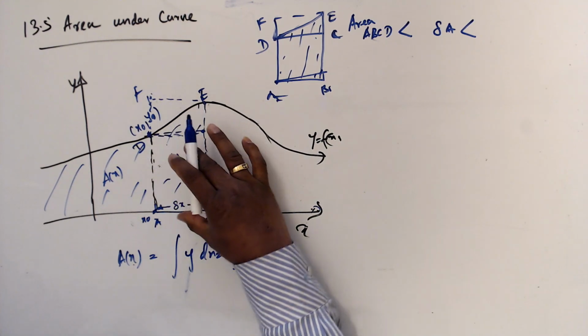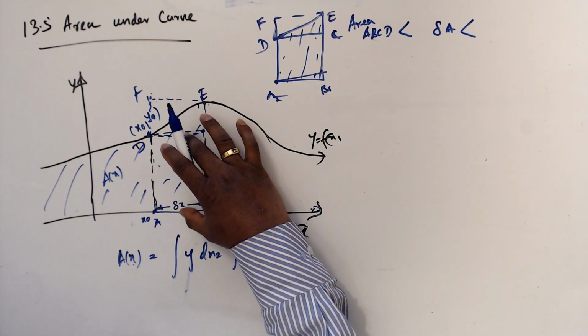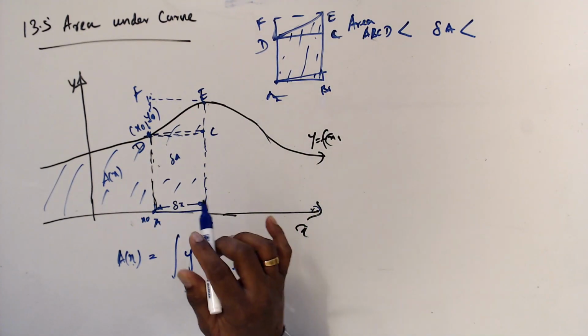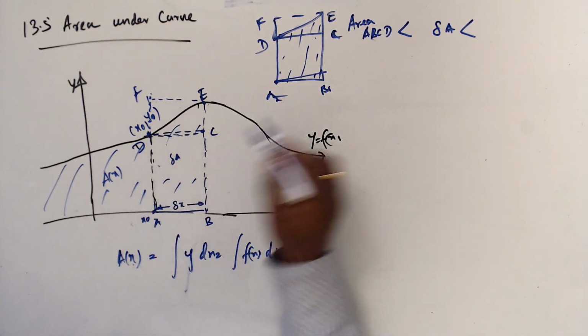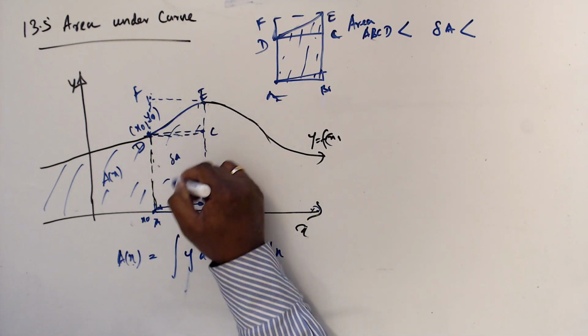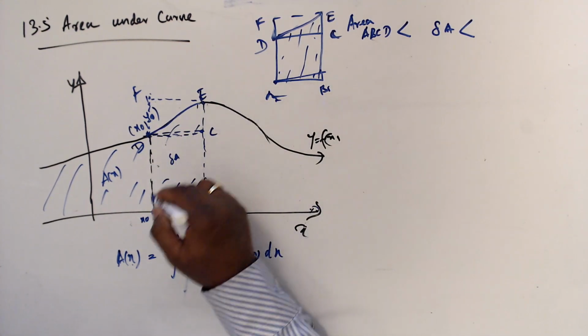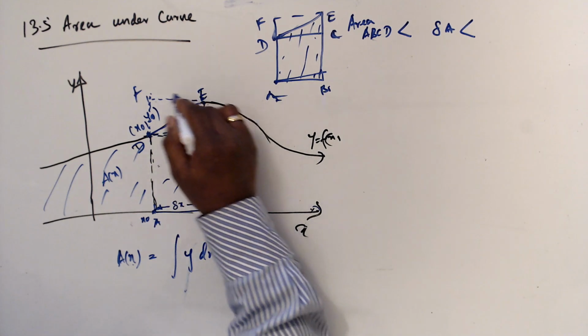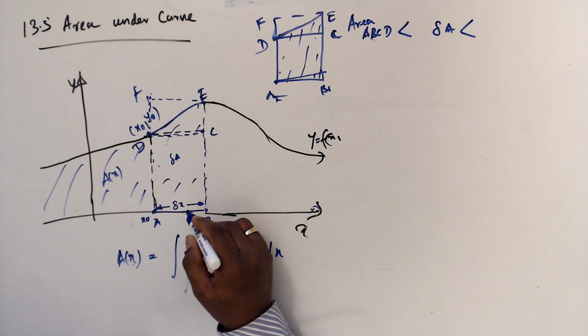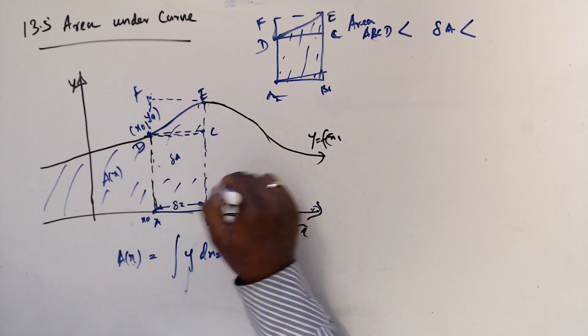I break this into two small rectangles and a bigger one. I consider A, B, C, D area. Then I consider the area under this curve, which is delta A. And then I consider the bigger rectangle A, B, E, F. So what is the height of this one?